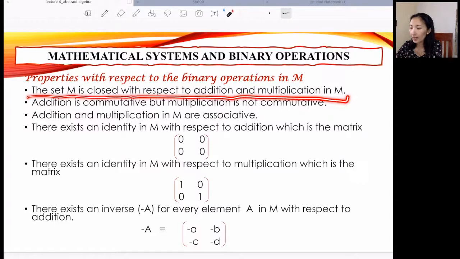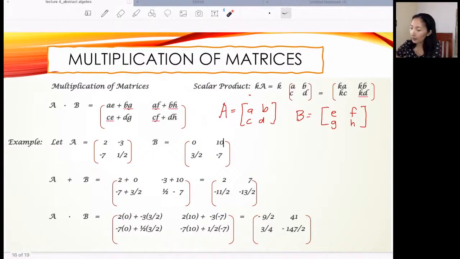Next, is addition commutative? Now we can verify. If we check B plus A, will it give the same answer as A plus B?